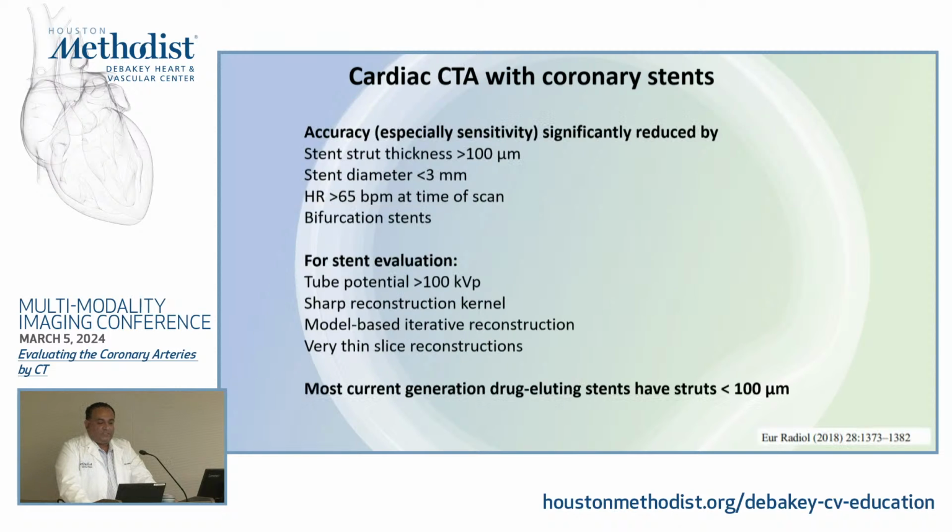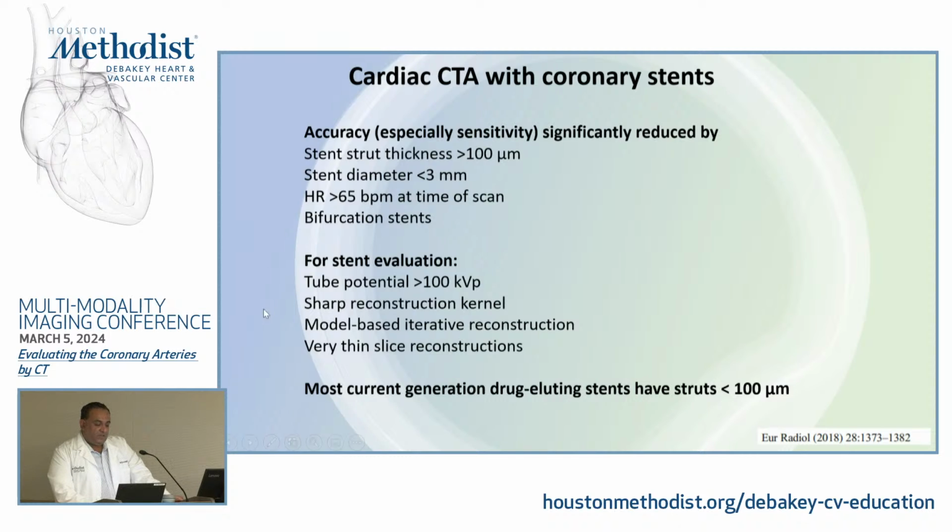If the stent strut thickness is greater than 100 micrometers, the accuracy, especially the sensitivity, significantly goes down. As in the AUC guidelines, they found if the stent diameter is less than 3 millimeters, the accuracy goes down. If your heart rate was more than 65 beats per minute at the time of the scan, the accuracy is less. And then bifurcation stents, it's hard to evaluate them.